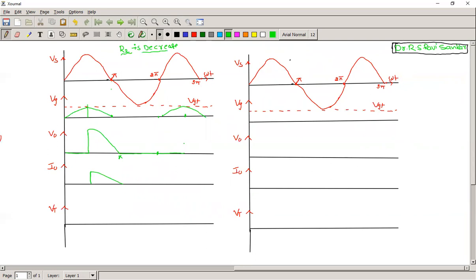Once it is on, the output voltage again follows the input voltage of the SCR.